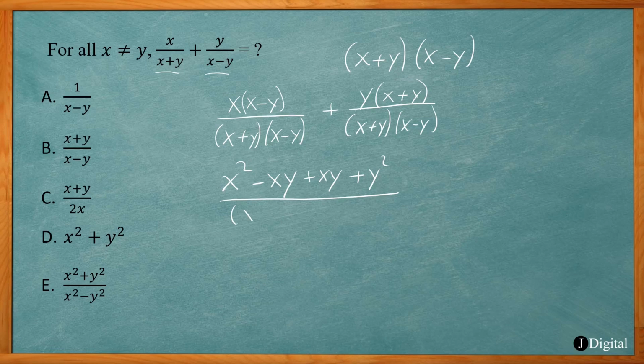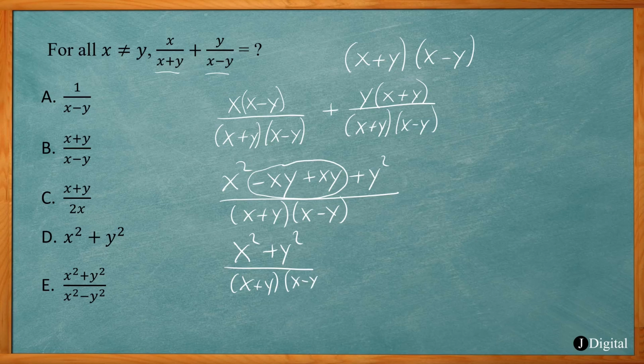And that's over x plus y times x minus y. You'll see here that the negative xy plus xy add up to 0, so they're gone. So I can do x squared plus y squared over x plus y times x minus y.